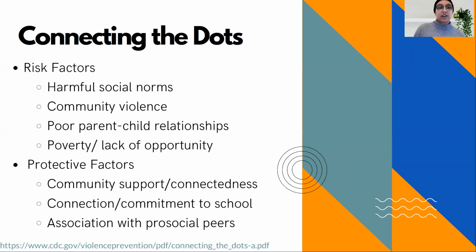I also want to share that these risk factors and protective factors are linked across anti-violence work, and also within chronic disease work, reproductive health work, and maternal and child health. Thank you, Kelly Marie, for sharing the link.